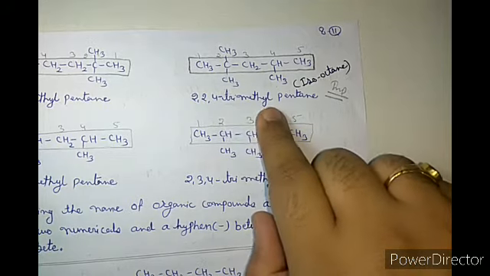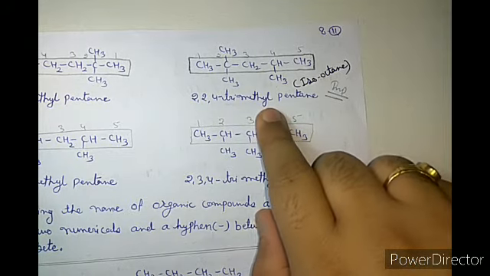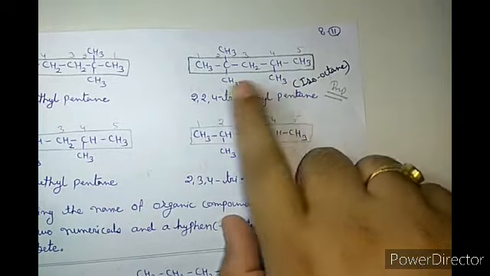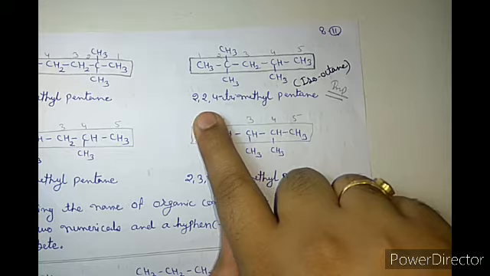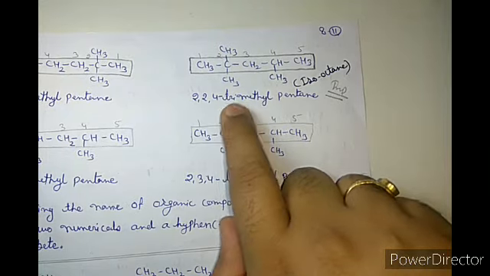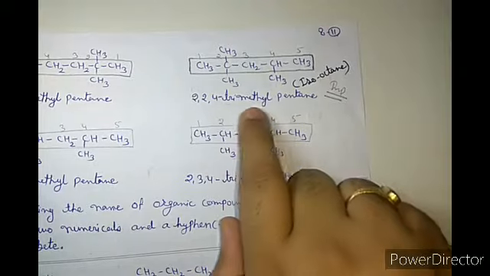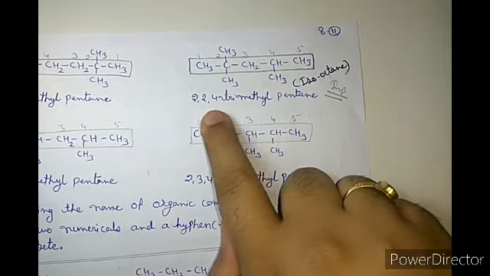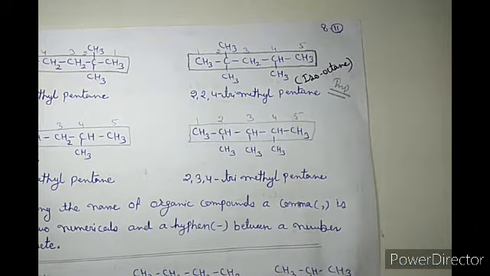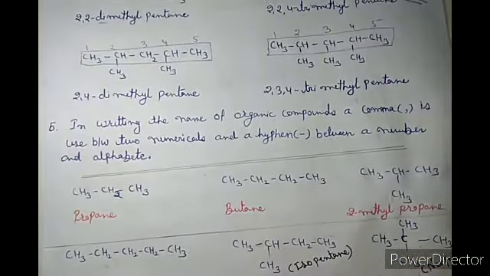Now where are the methyl groups attached? 2 are at the second and 1 is at the fourth, so it becomes 2,2,4. That is the position of the 3 methyls. So 2,2,4-trimethylpentane. Got it?